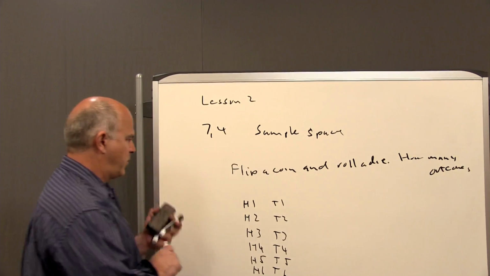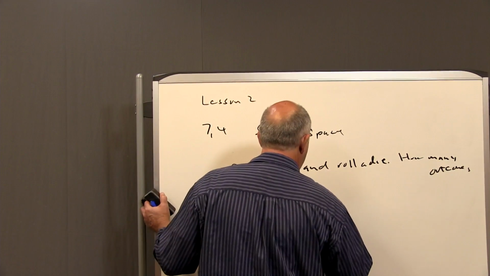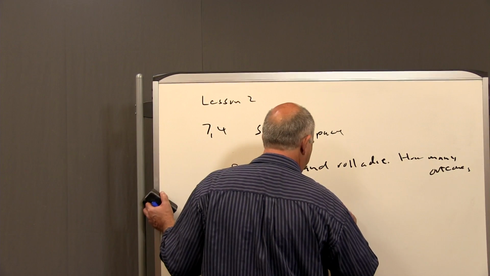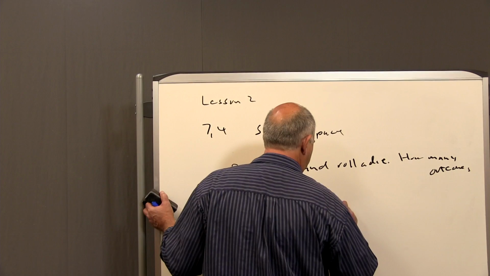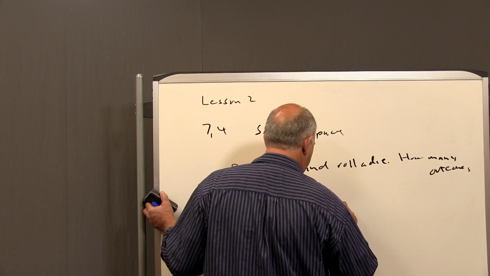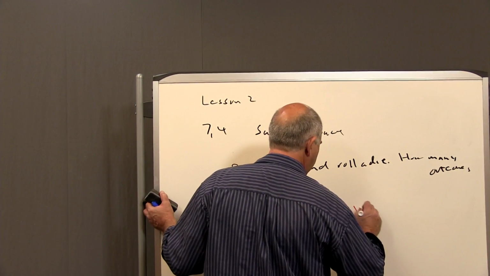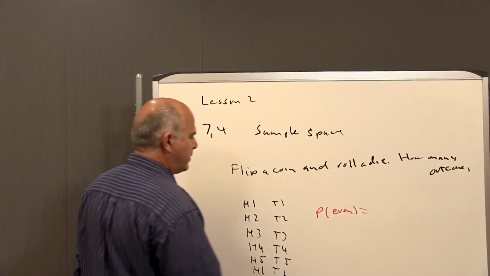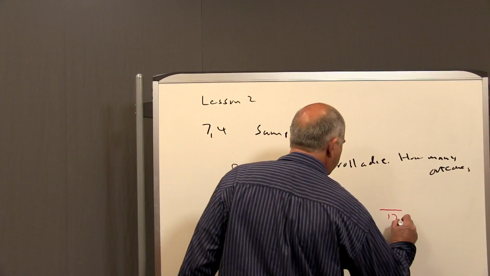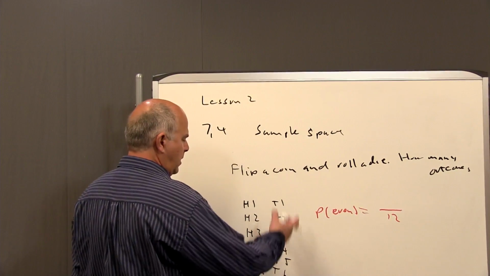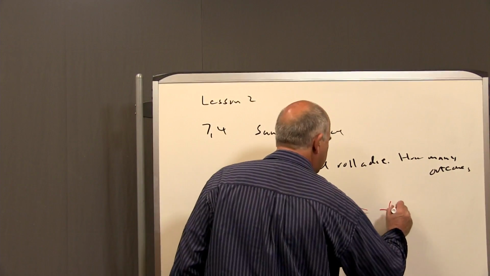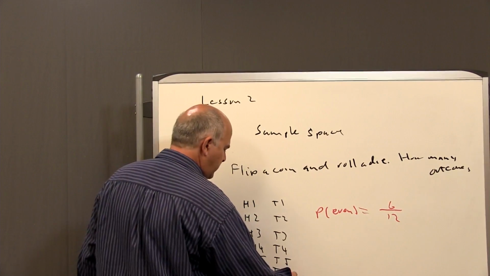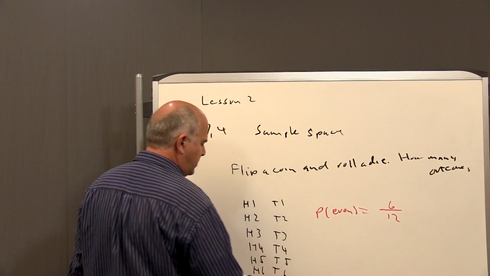And what's the probability that something's even, let's say? The probability that you got an even roll, well, the denominator is the total, 12 different things can happen, and the numerator is 6. This one's even, this one's even, this one's even, this one's even, this one's even, and this one's even.